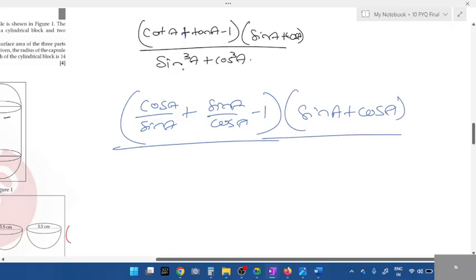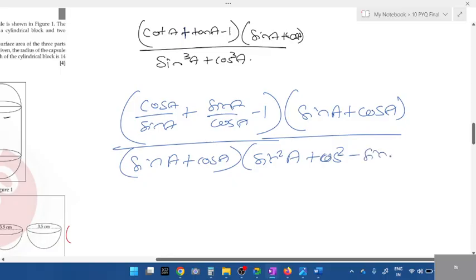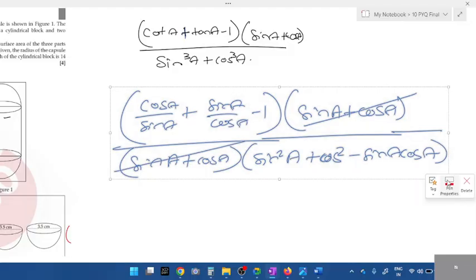What about cos cube A? If you expand this, what do you get? Sin A plus cos A into (sin square A plus cos square A minus sin A into cos A). The sin A plus cos A gets cancelled. Then how do you take the LCM, students? Be quick.